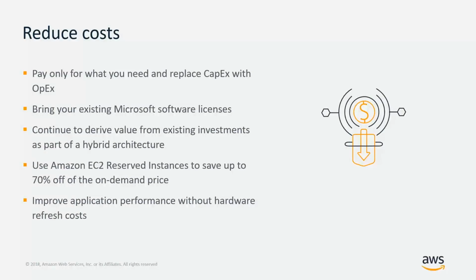And with the volume that we have and compute power that we have and the amount of customers that we have, this becomes cheaper and cheaper every couple of months or so. I mean, we've slashed prices, I think 60+ times since we actually started, and the prices keep on going down. So that's something to consider as well.